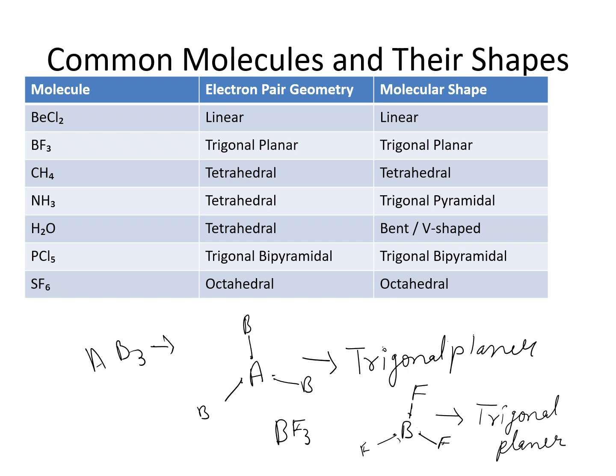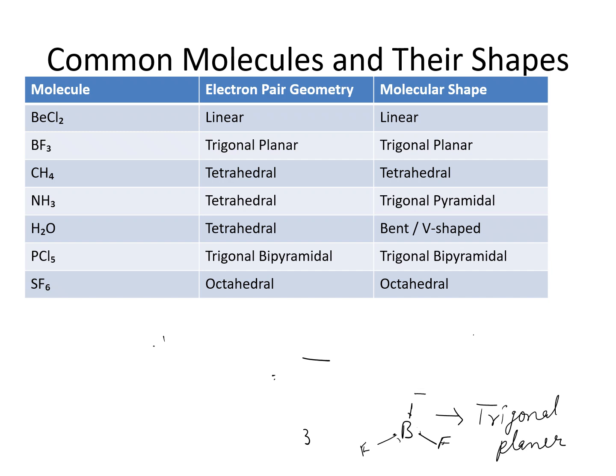Okay, now let's take an example of an AB4 type of molecule. Anyone in the class who can tell me about the AB4 type of molecule? What is the geometry of an AB4 type of molecule? Anyone? No one in the class?